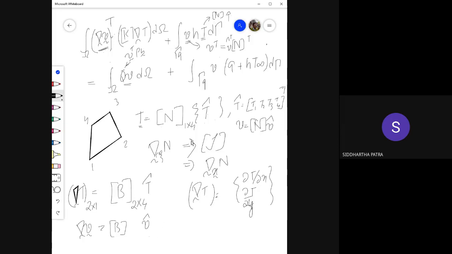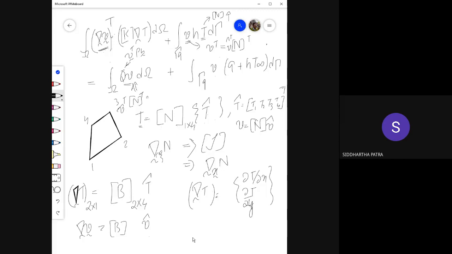Over here also it is V hat transpose, N transpose. Substitute that here, and the same goes for over here. Once you do all of that, you probably get an expression like this.